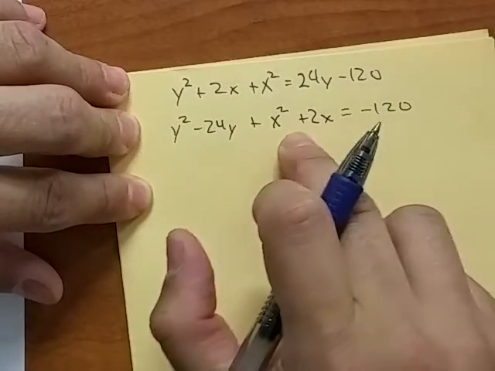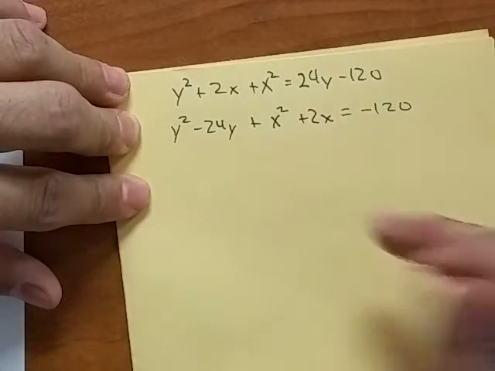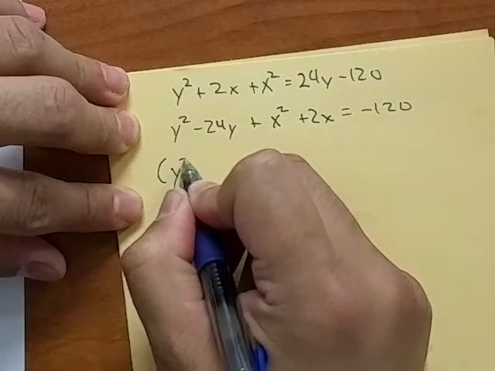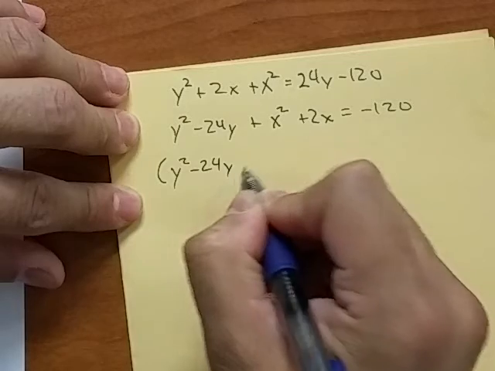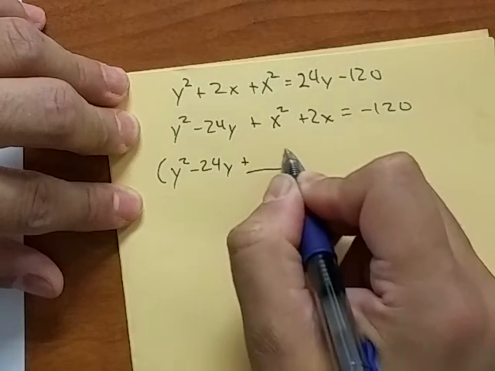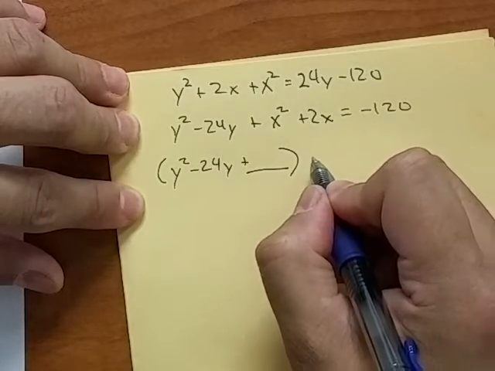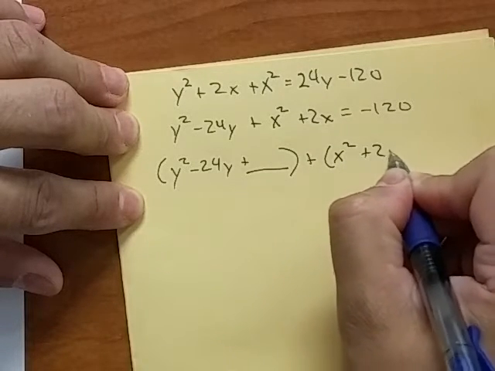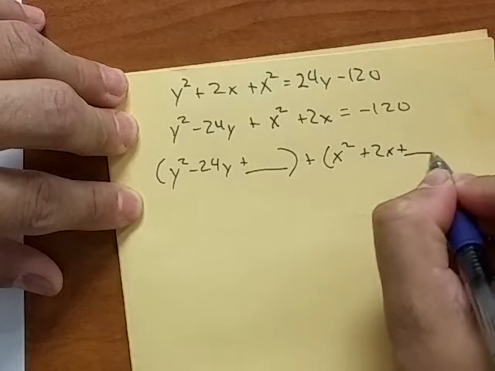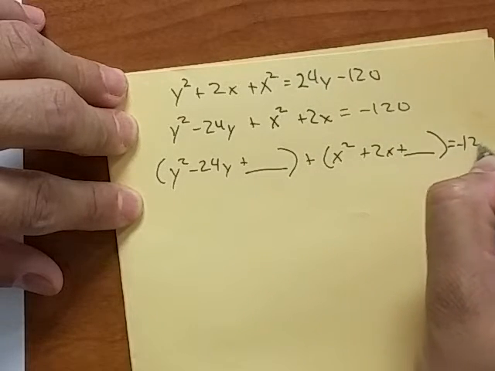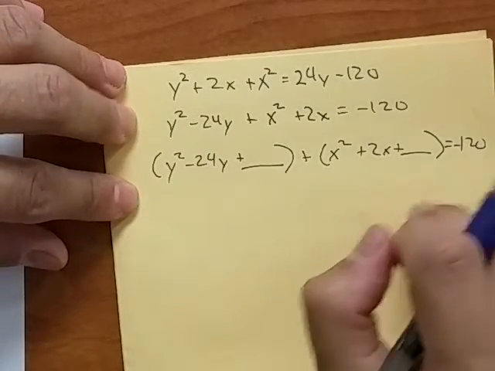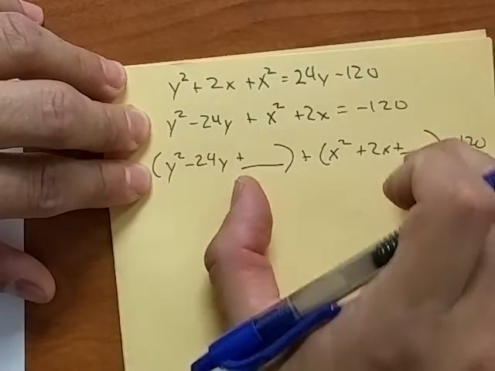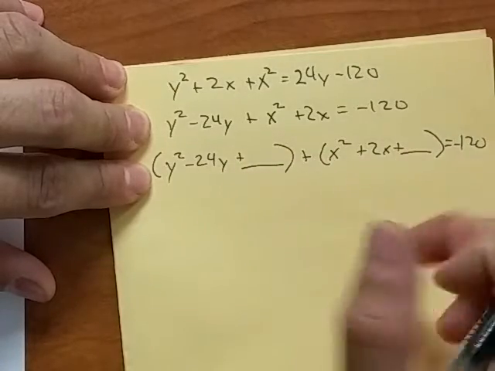So let's break it up because we have to complete the square for the y's and complete the square for the x's. So now this is going to be y squared minus 24y plus something, and plus x squared plus 2x plus something equals negative 120. Now, to complete the square, I have to add something here, and whatever I add on this side, I must also add on the other side.